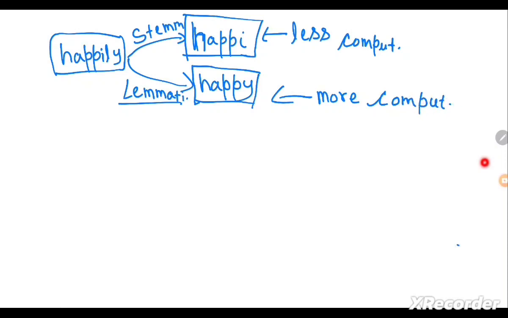So wherever we need less computation, we use stemming, and if we are fine with more computation, then we go with lemmatization. Hope you are understanding the difference between stemming and lemmatization. Let's move on to the next slide.